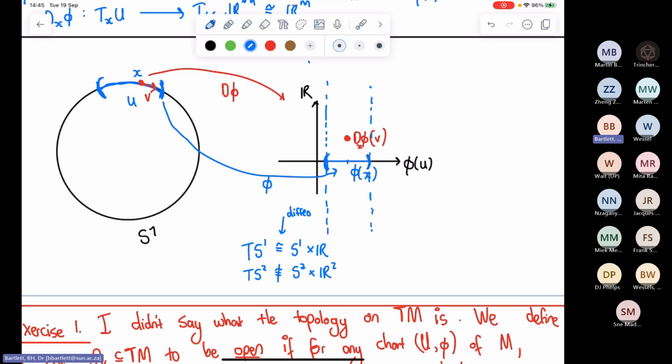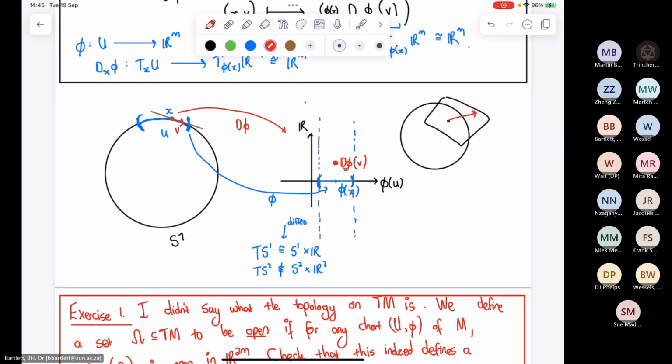The point is that for the tangent bundle of S1, each point in the tangent space canonically identifies with R, with a real line. But for tangent spaces in S2, you can't identify a point in the tangent space with an element of R2 canonically, right? So here's a point in the tangent space here. Now tell me what element in R2 that corresponds to. You can't tell me unless you choose a basis, and then you're going to get into trouble.